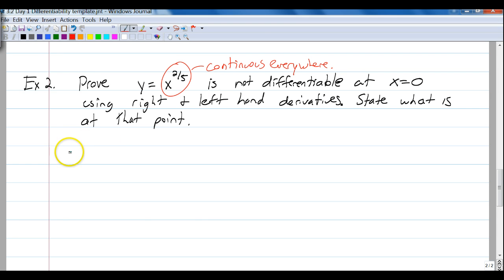So here's what we do. We're going to do the left-handed derivative first, which is equal to the limit as x approaches 0 from the left. And remember, the formula we use is the function minus the function at the point, and the point here is 0. So the function is just x to the 2/5 minus, when you plug a 0 into this, you get 0, over just x minus 0. So we get the fraction, the limit as x approaches 0 from the left of 1 over x to the 3/5.